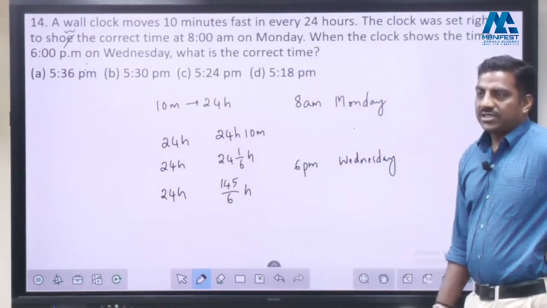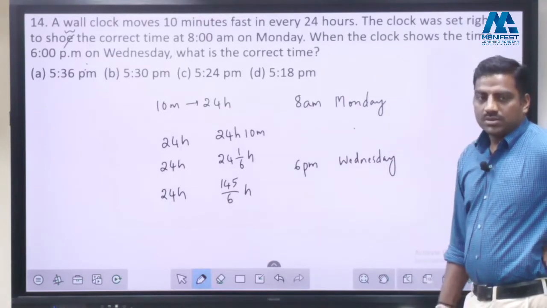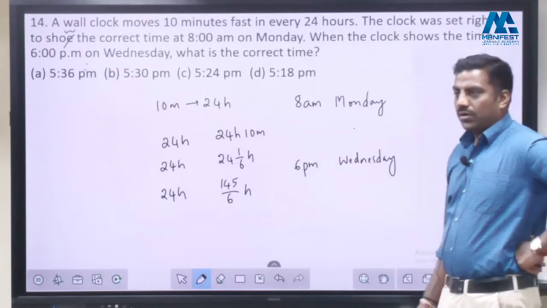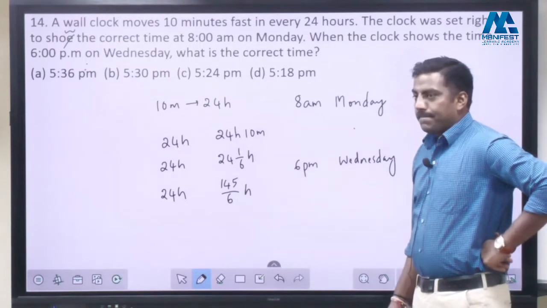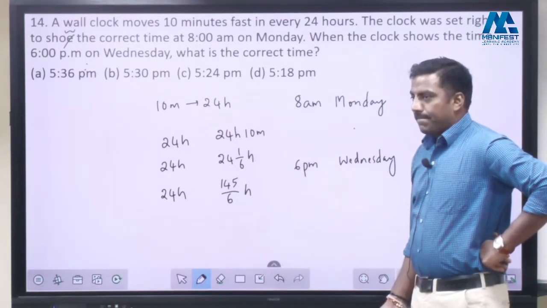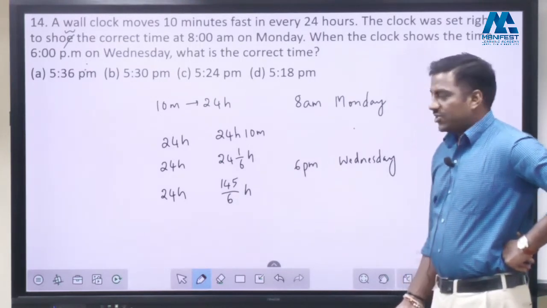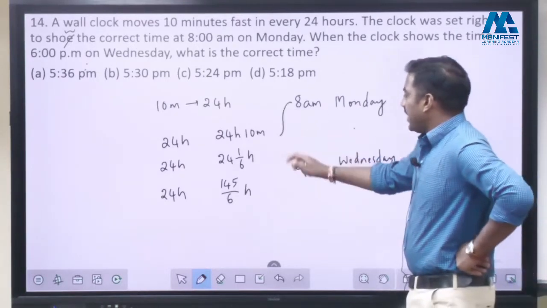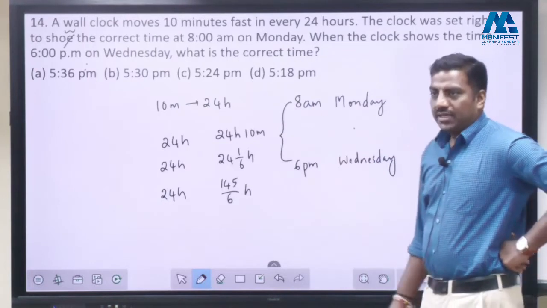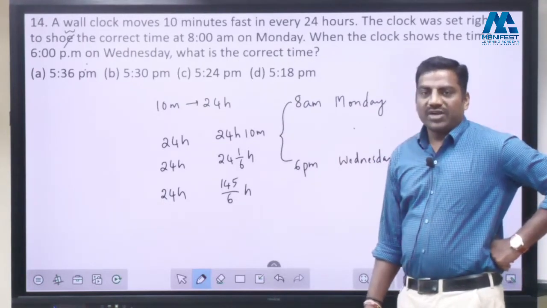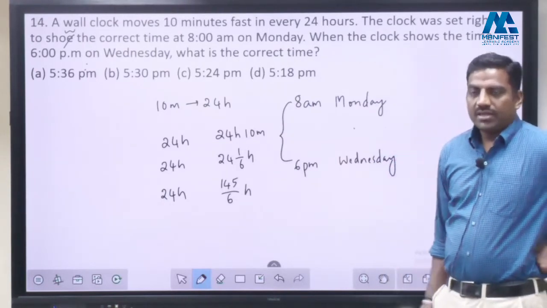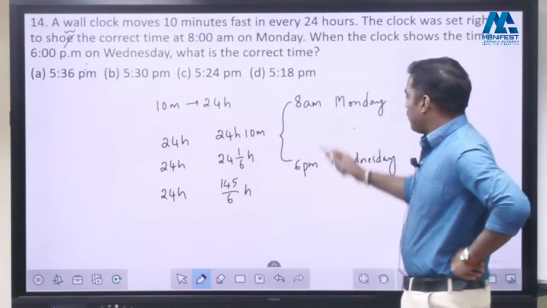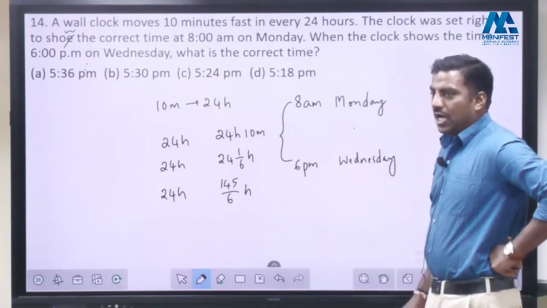The mixed fraction into the what? Improper fraction. Now, from 8 a.m. to 6 p.m., whatever it is showing, is it the right time or defective time? Defective. So from 8 a.m. Monday to 6 p.m. Monday, how many hours are done?